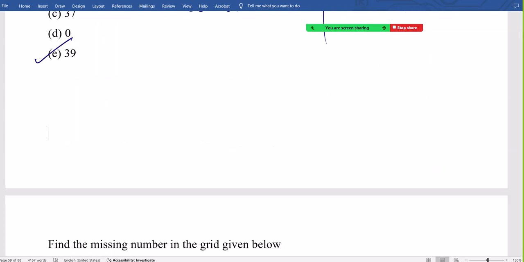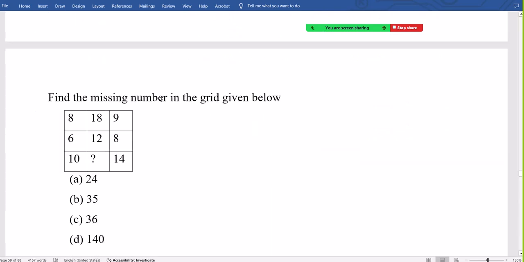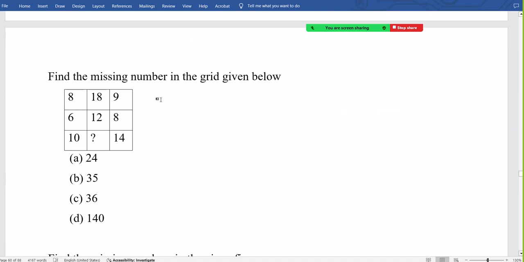Next one, find the missing number. This one, how to solve? Try this question. Row wise or column wise, what is the logic? That's what you can learn something.